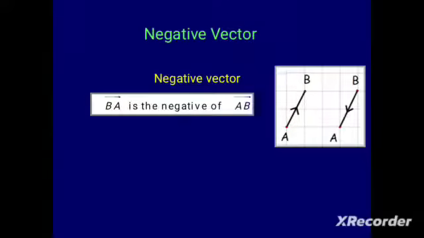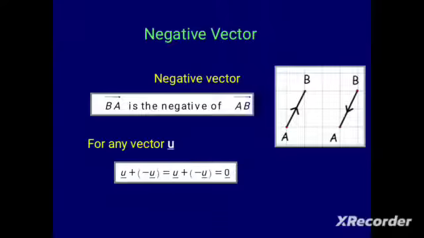So vector BA is the negative of vector AB, just the reverse of AB. So we have that for any vector u, vector u plus vector -u.